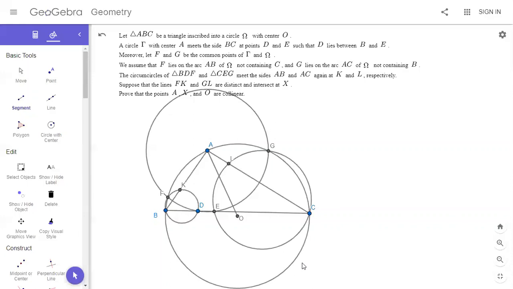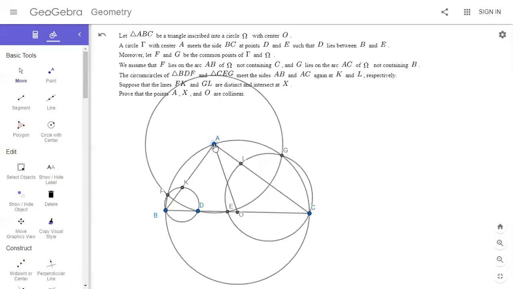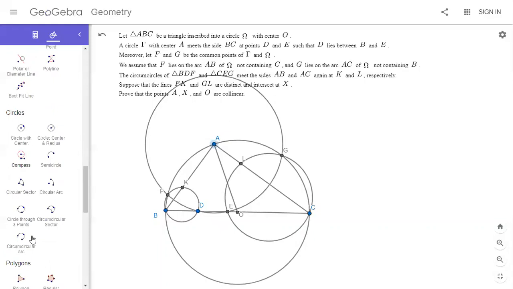Let's see. I wonder if FKGL is cyclic. Let me check that. No. Okay.